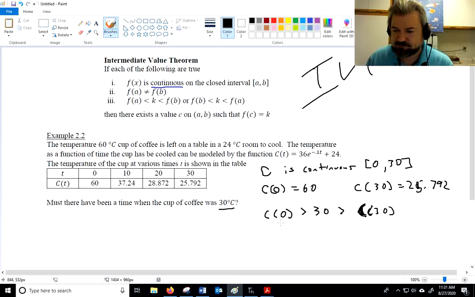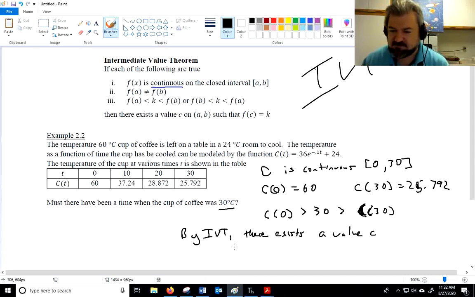Okay. So therefore, by the IVT, we can conclude that there exists at least one, maybe more, a value C such that C of C, little c, is equal to 30.